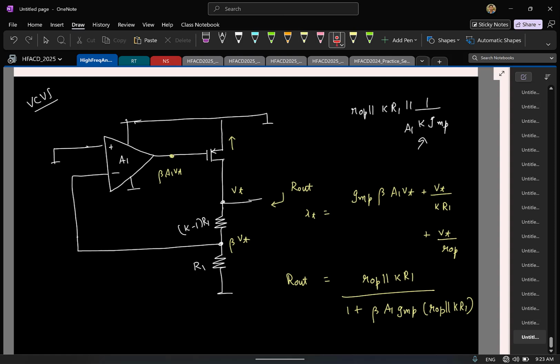I mean, whatever you told is correct, I have just written it here. Is that okay? I have considered this to be a single resistor and sort of took the LCM and put it. And particularly here, what is this term? Beta times A1 times GM times R.